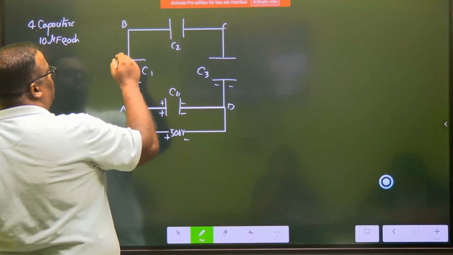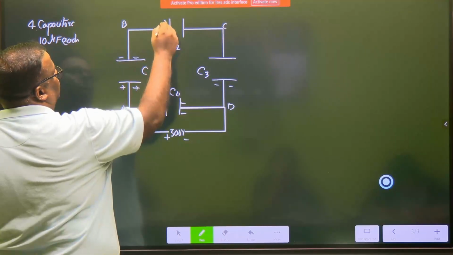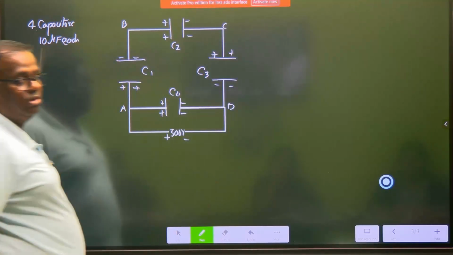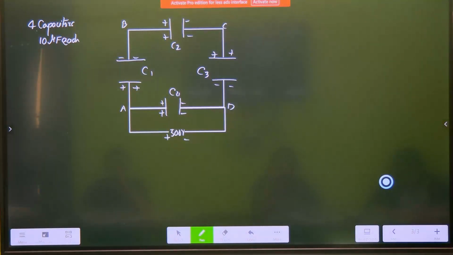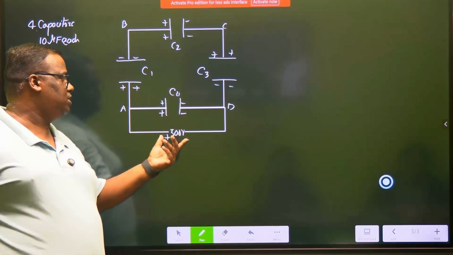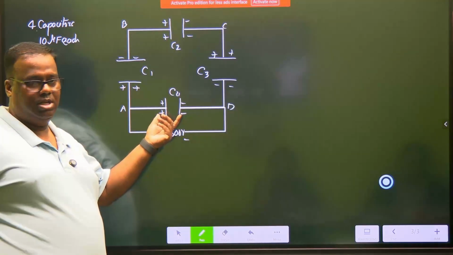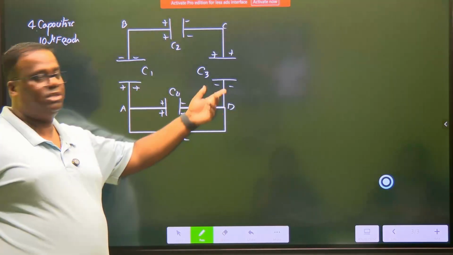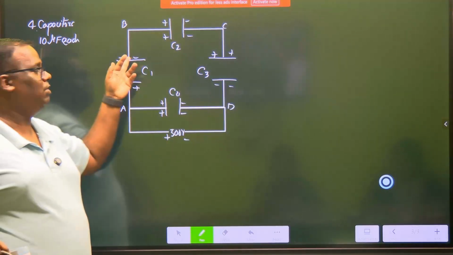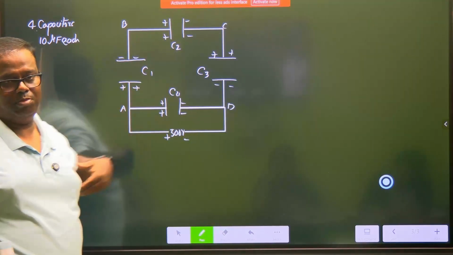Then by induction, this is plus, plus, minus, minus, and plus, plus. You need not worry. Always do it in this manner: this plate gets plus, this plate gets minus, and the rest by induction. If this fellow is plus, this fellow has to be minus, this fellow minus, this fellow has to be plus.